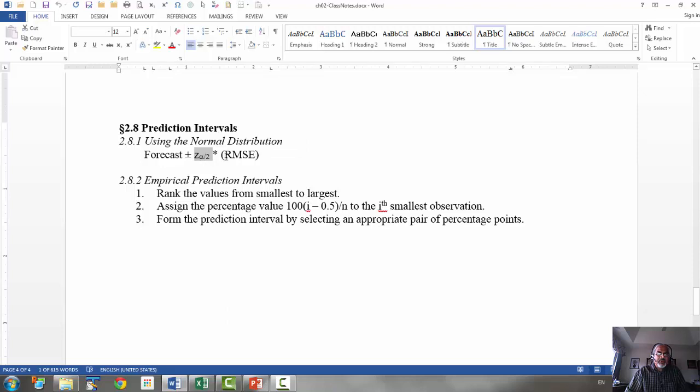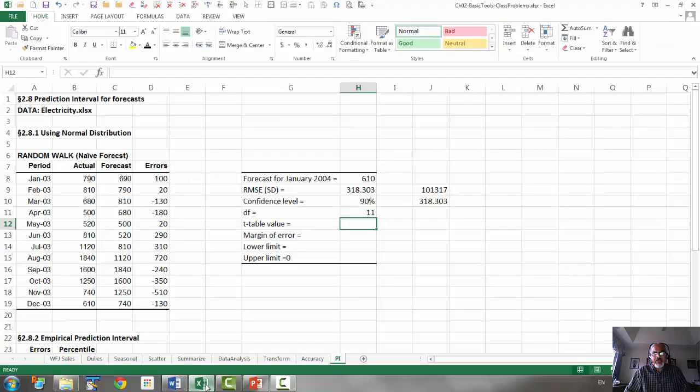But the actual distribution that we should use is t, because to use z, we need to know the population standard deviation. We make an assumption here that z will be close to t, and it's an approximation. But since we're using Excel, we don't have to worry about getting the t-table value, because in the back of the book, the t-table value is kind of difficult to get for certain degrees of freedom and confidence intervals. In Excel, we don't have that problem, so we'll use the t value.